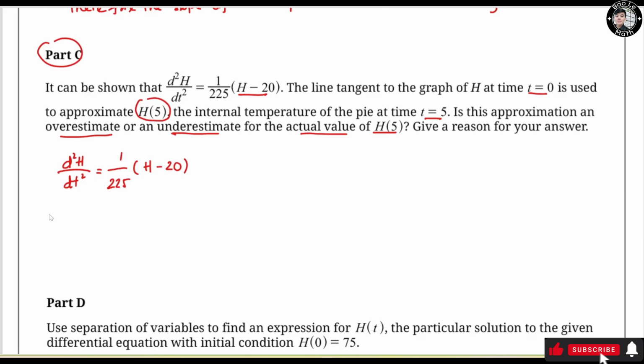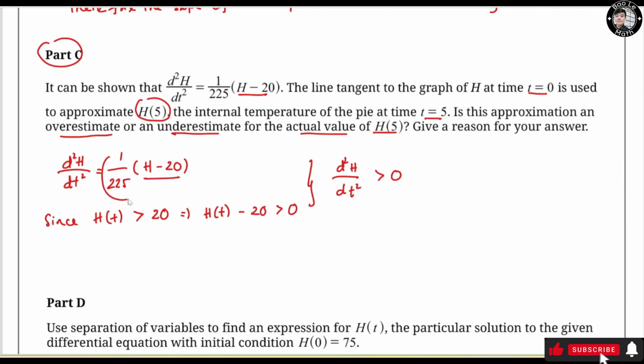Alright, now since h of t is greater than 20, right? It tells us that h of t minus 20 is greater than 0, right? So from these two guys right here, we can conclude that the second derivative of h is always positive, right? This guy is positive, this guy is positive, so when you multiply, it's going to be positive, right?